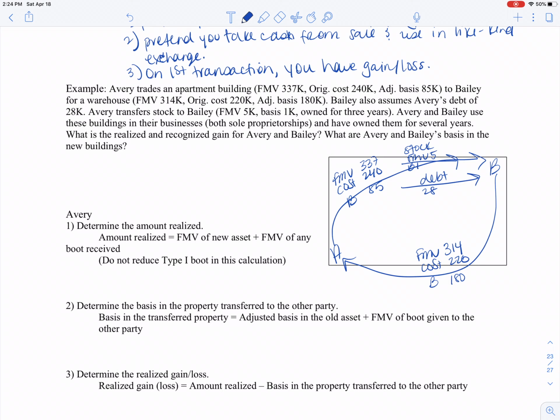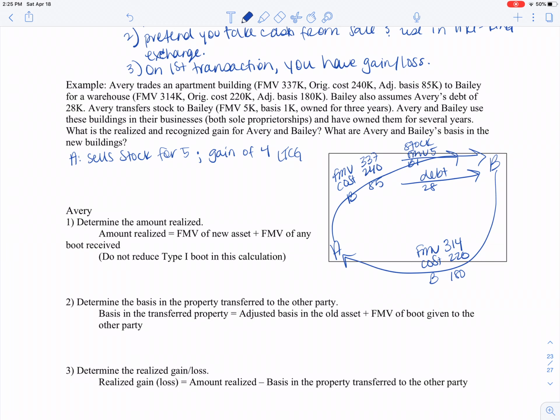Okay, so let's go through and think about first, we're going to pretend like Avery sells the stock for 5, and then she would have a gain of 4. So she has a basis of 1. We're pretending that she sold the stock, got her $5,000, had a basis of 1, and now has a gain of 4. All right, so that's kind of what we're assuming first, and that would be a long-term capital gain.